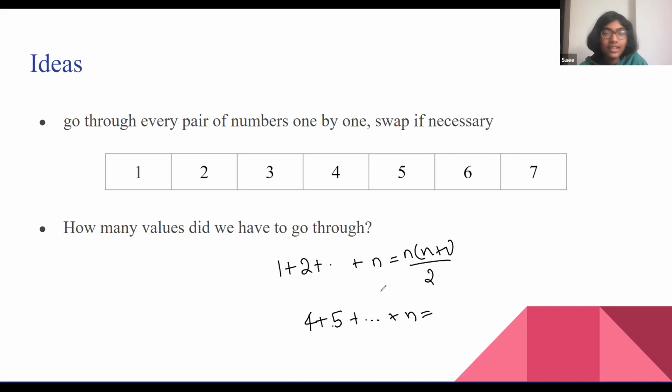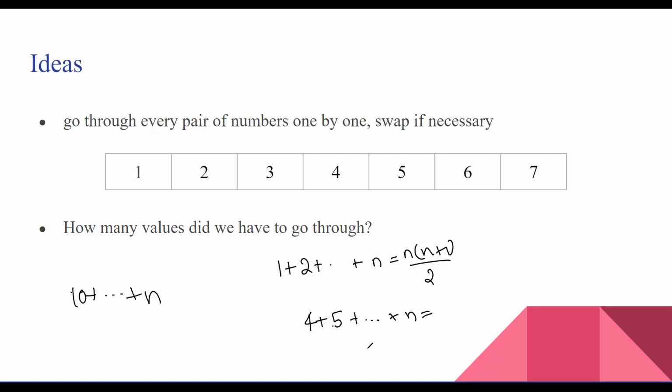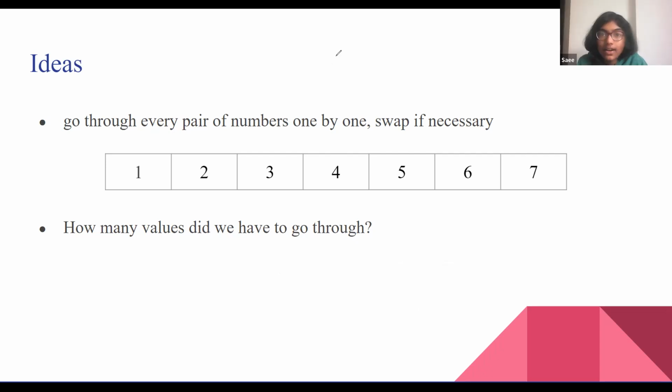You can try to figure it out as homework, because I know you can do this. It's quite easy, and there's a very nice formula for this. What if we start at any number instead of 4? Let's say we start at 10 and go up to n. Is there a formula for this? These are awesome questions.